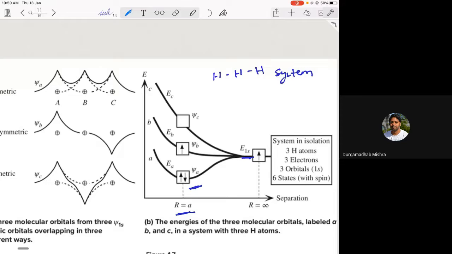Therefore, you cannot have an H3 molecule, so to say. You will have an H2 molecule and maybe another H atom, but not H3, because the extra electron will go to a higher energy level, and therefore the total energy will be much higher compared to when they are in an isolated state.